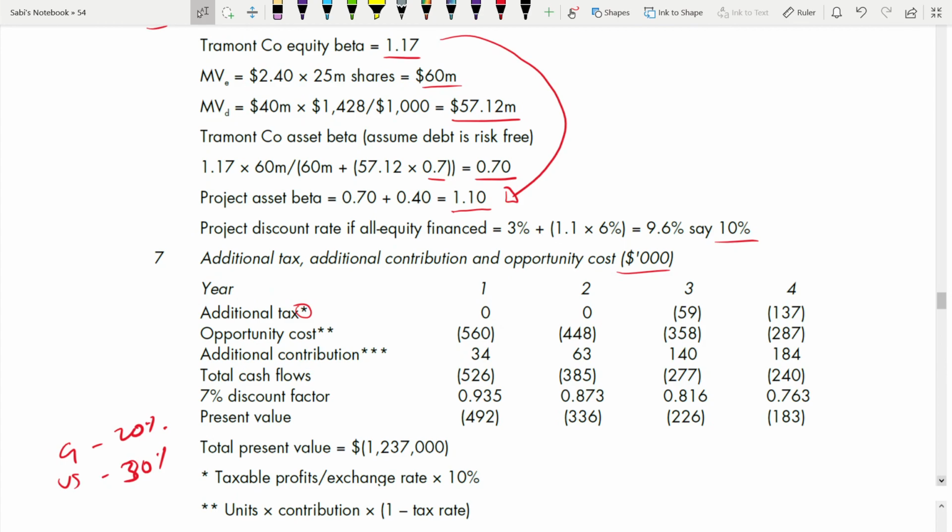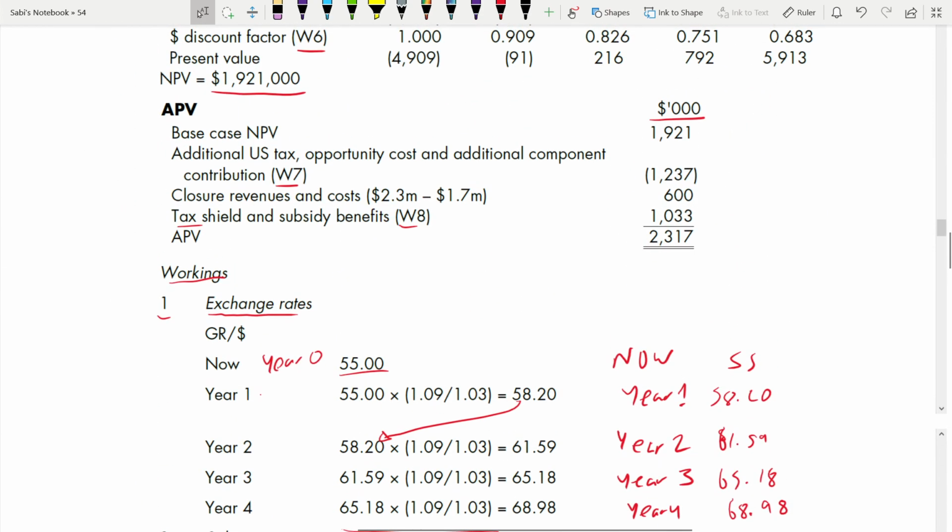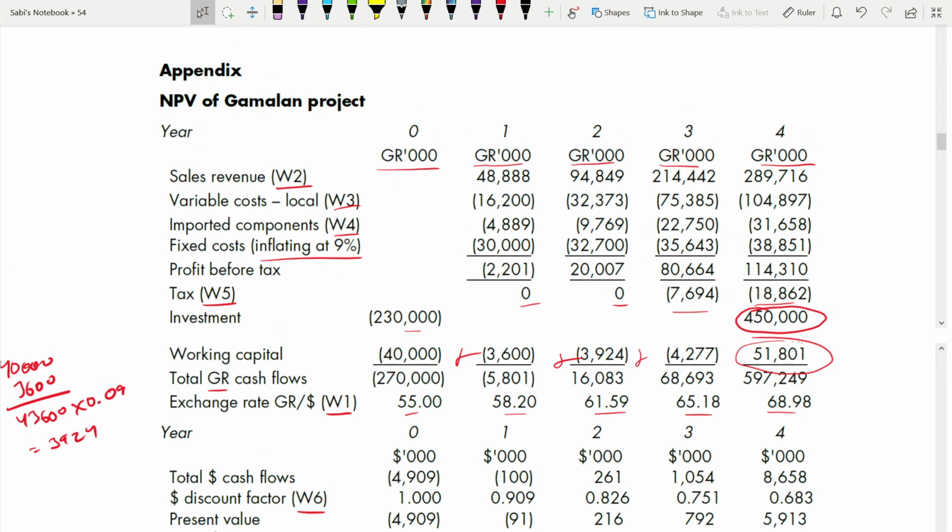Taxable profit divided by exchange rate. So taxable profit of what? Taxable profit in Gamalia, and divided by exchange rate you have to take. What is the taxable profit?